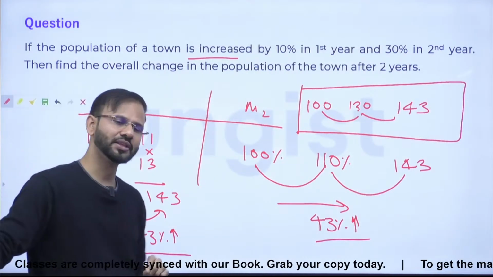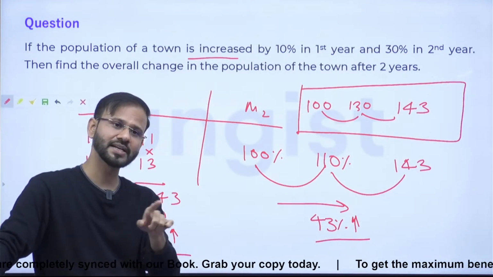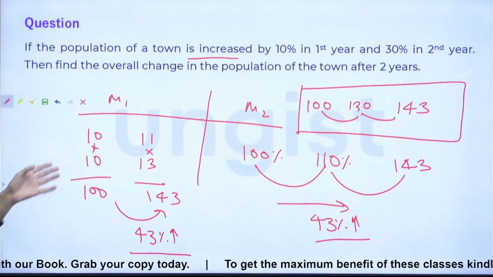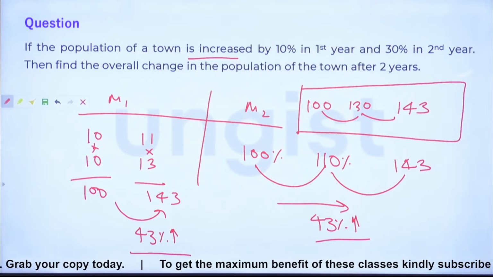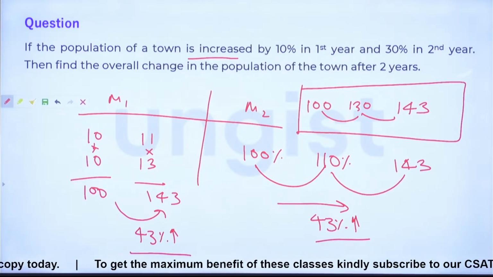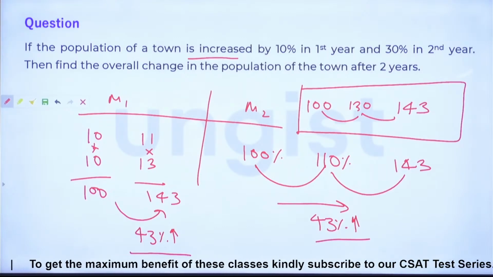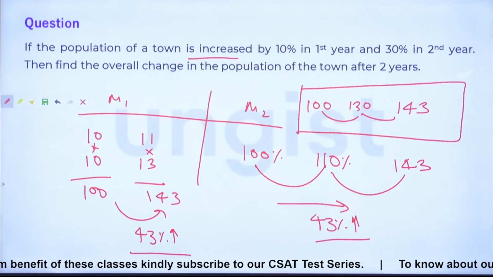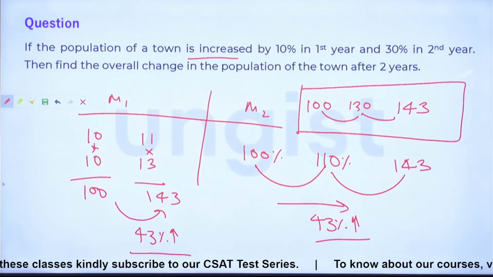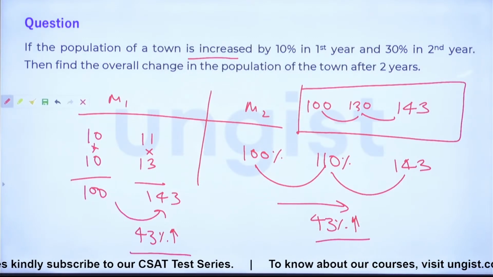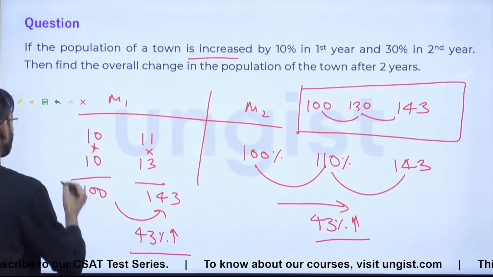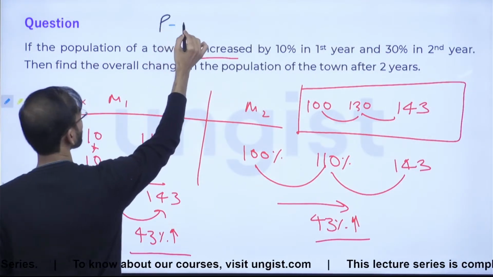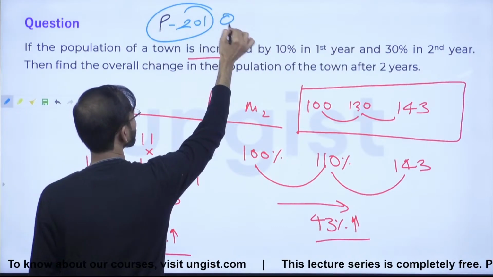And friends, let me tell you, with this information, with this awareness, UPSC has asked one question, right? I repeat. एक बार इसको लिख लीजिए आप. In case of successive change, order does not matter. Okay? Guys, come to page number 201, question number 22.